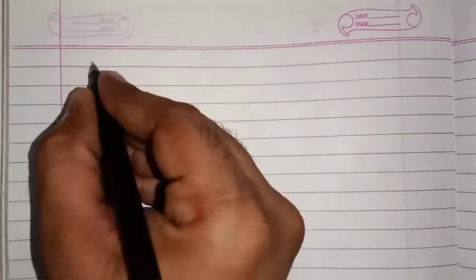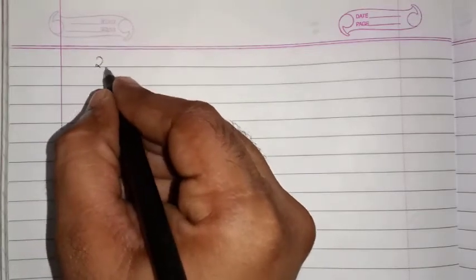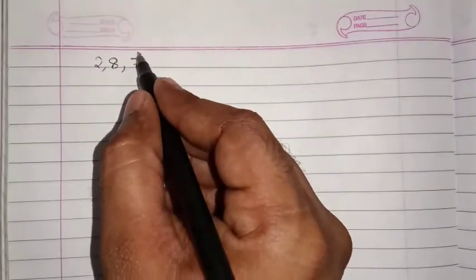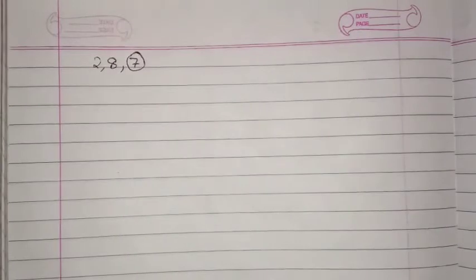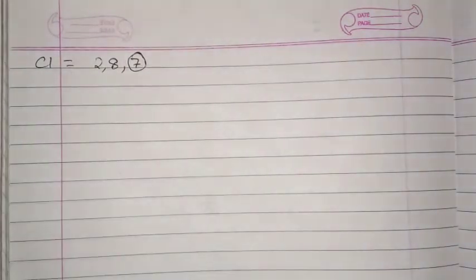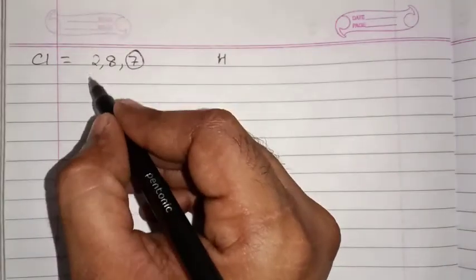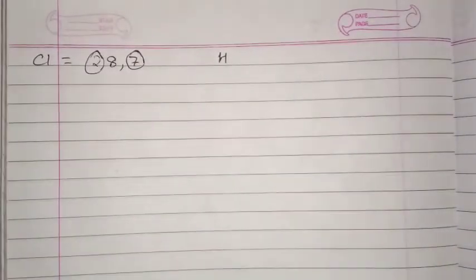In the case of hydrogen and helium, they undergo bond formation to complete their duplet state. Now if we are talking about chlorine, 2, 8, 7, it needs to complete its outermost octet, meaning 8 electrons in its outermost shell. In the same way, hydrogen has only the first shell, and the first shell can accommodate only 2 electrons.